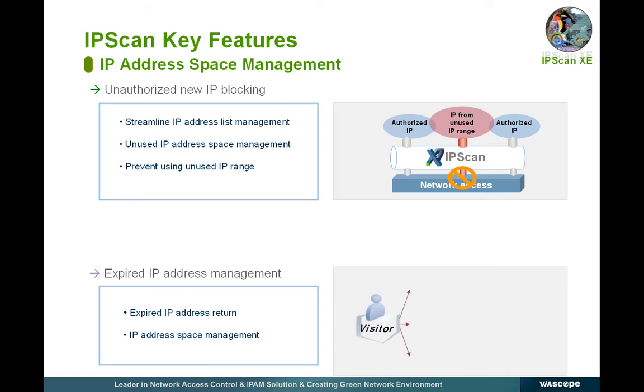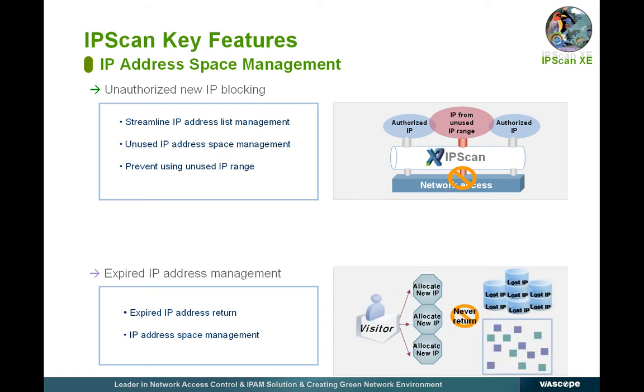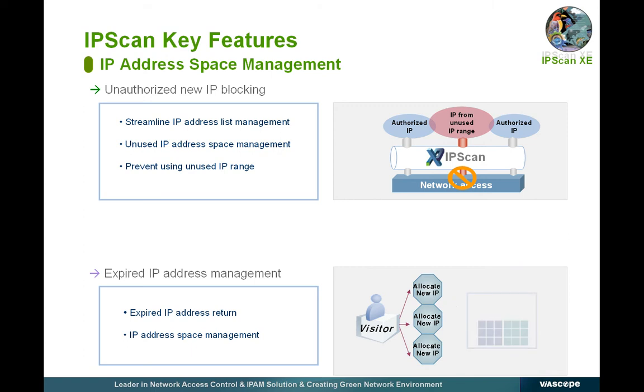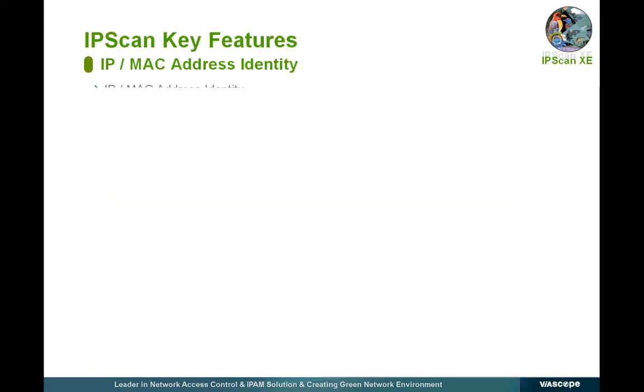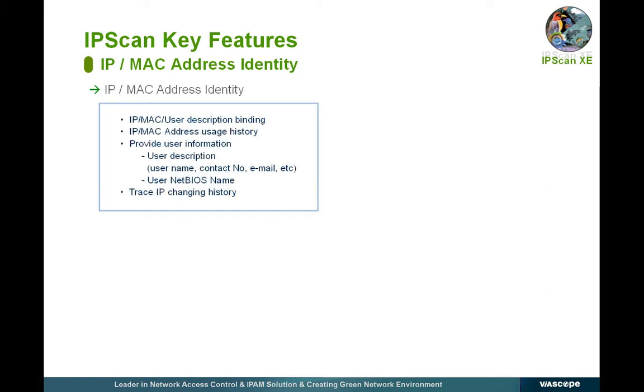Managing expired IP is to recollect those IPs for future use that are left unused by external temporary personnel who have used the IP so far. This is to prevent resource depletion due to IP misuse and to help the network admin manage the actual IP range.